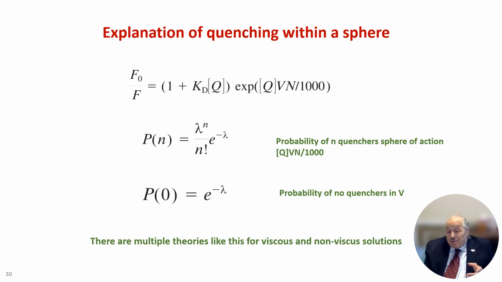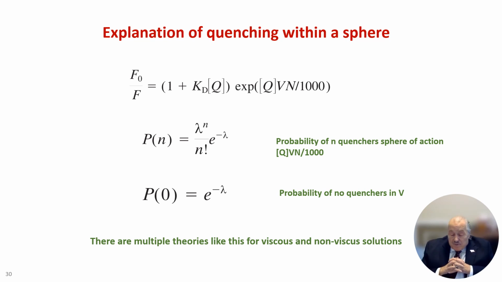And there's also a probability, if the quencher concentration is low, that there are no quenchers within this sphere. So that would be the probability of no quenchers. And these are the molecules that you can observe. So the molecules that you can observe are decreased by all of those molecules that are immediately surrounded by a quencher molecule, and hence the upward curvature.